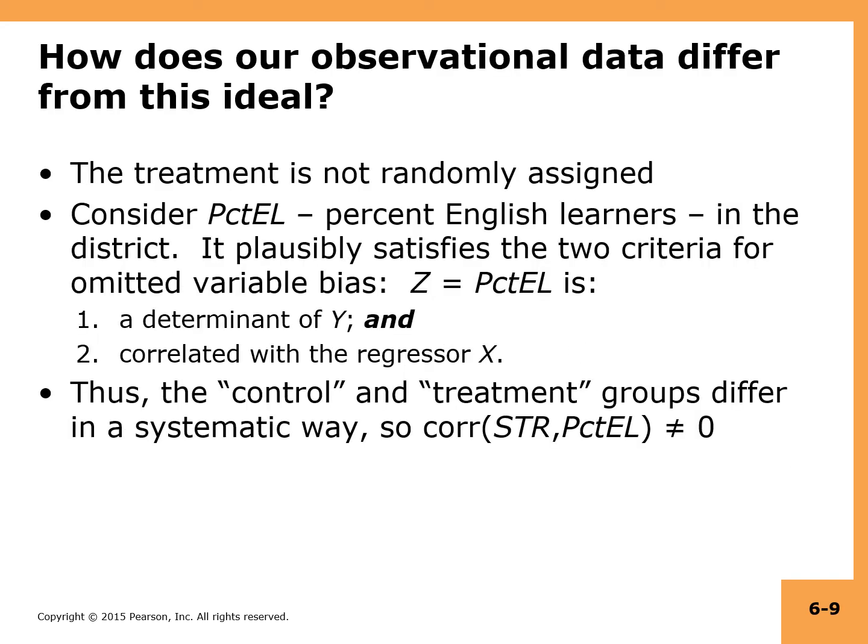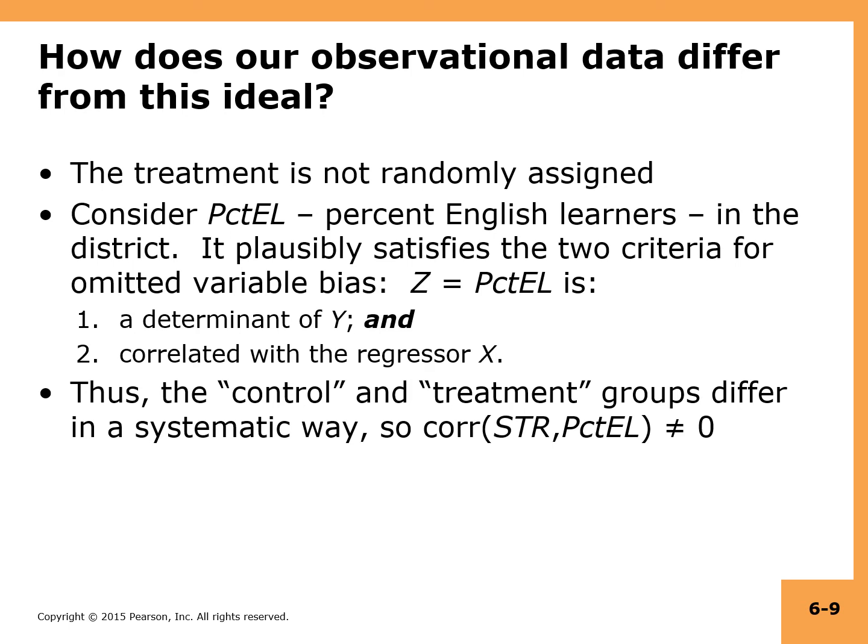In our case, however, we cannot randomly assign students to different class sizes. So we don't have data from an ideal randomized controlled treatment. We actually have observational data. For instance, we have shown in the previous lecture that percent English learners is one of the omitted variables.